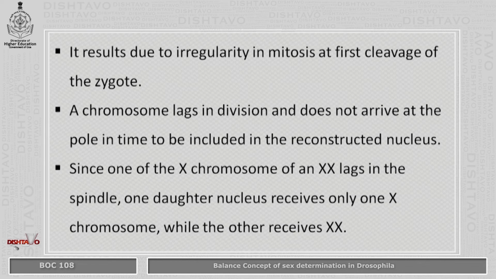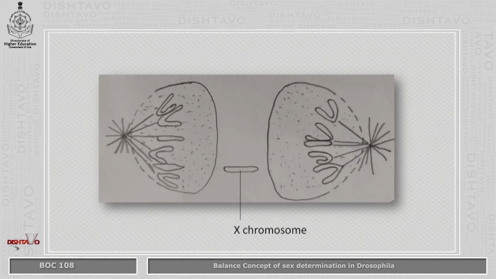Since one of the X chromosomes lags in the spindle, one daughter nucleus would receive only one X chromosome, while the other daughter nucleus would receive 2 X chromosomes. You can see here the X chromosome in the center. It has lagged, it has not reached the poles. So in the figure on the left, you can see there are 2 X chromosomes, while on the right there is only 1 X chromosome.